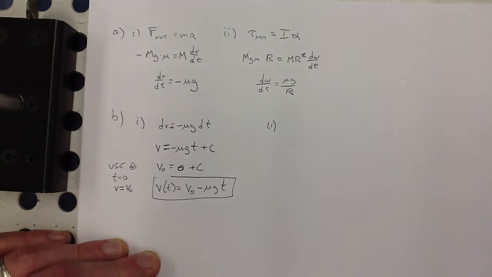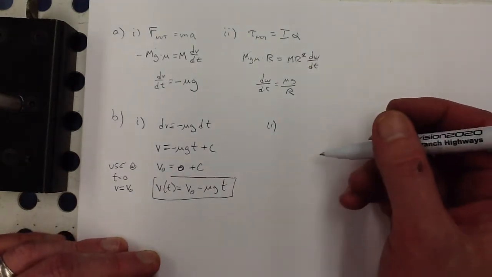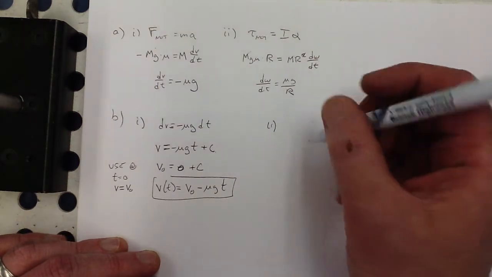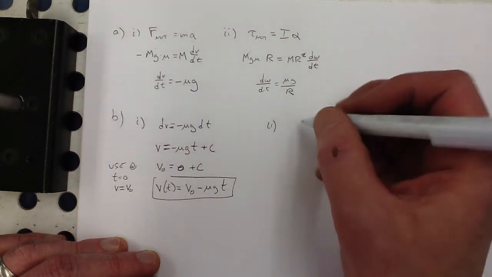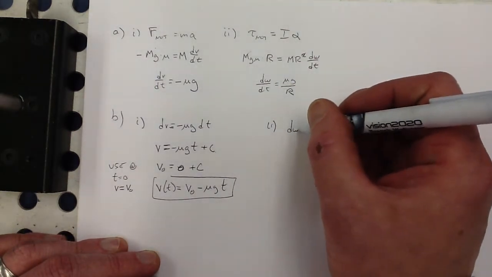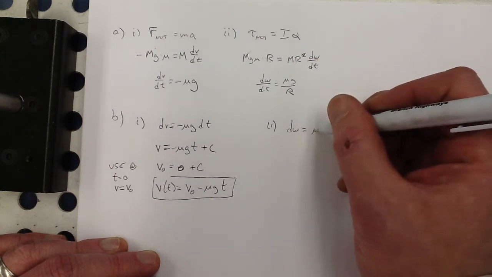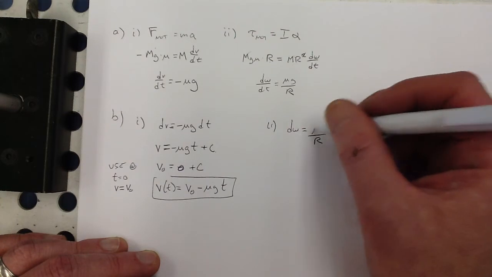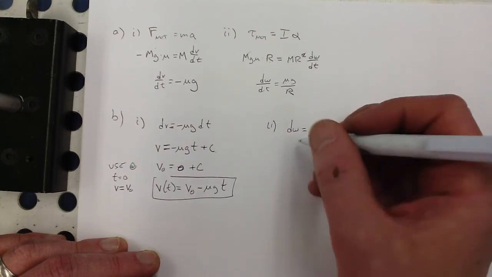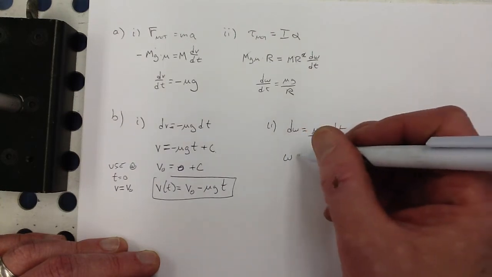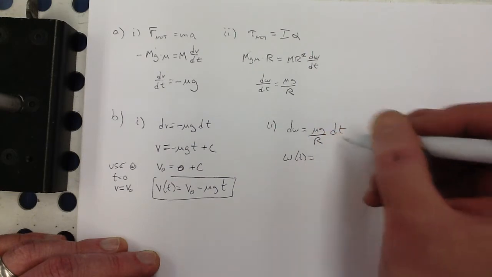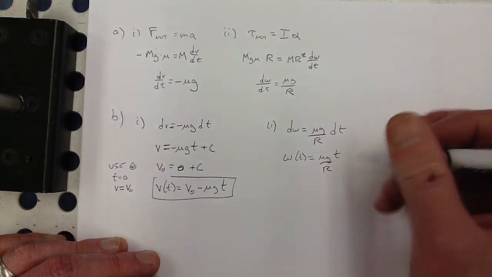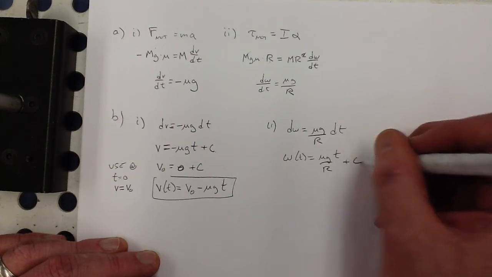Part 2, we want to do the rotational one, so I'll solve this differential equation. Separating my variables, I get d omega is equal to mu g over r dt. That's all just constants. So omega as a function of time will be equal to mu g t over r plus c.